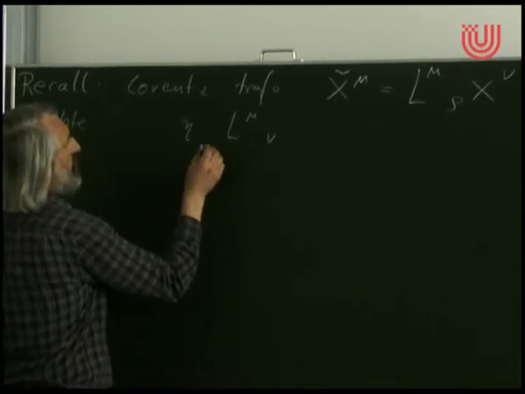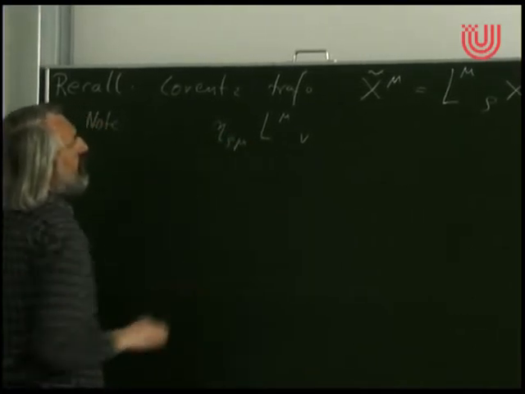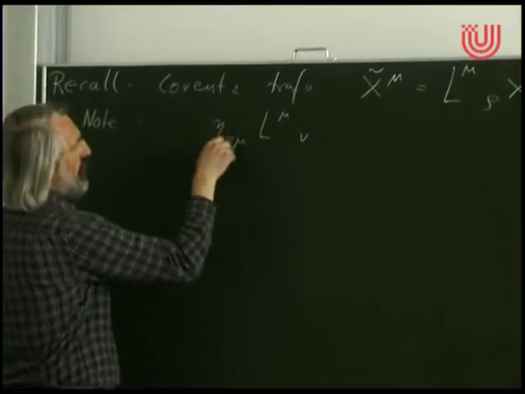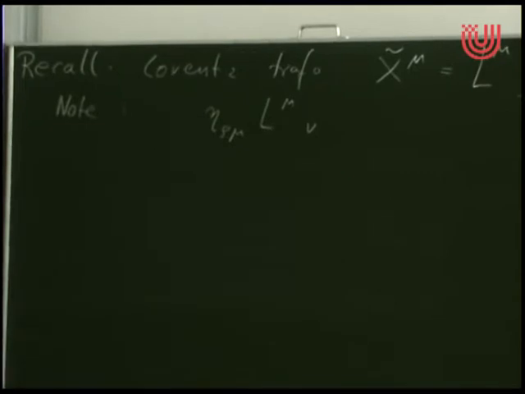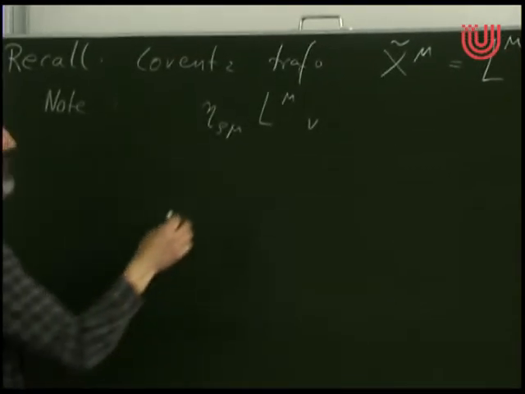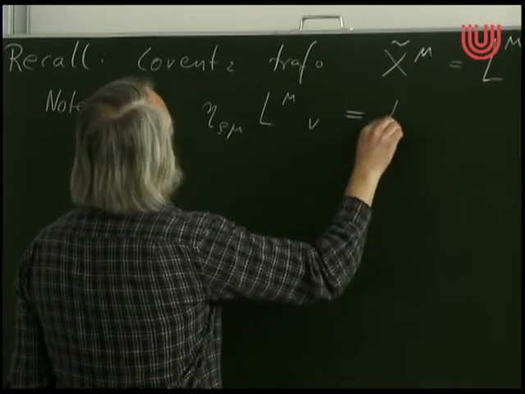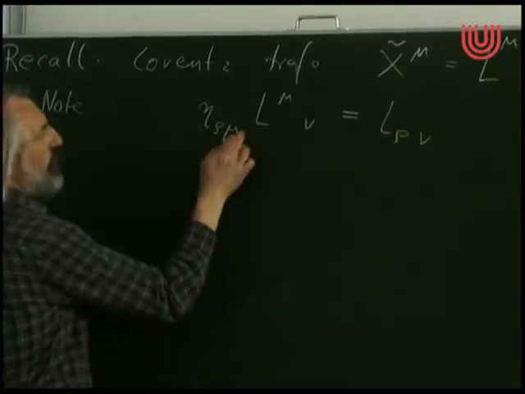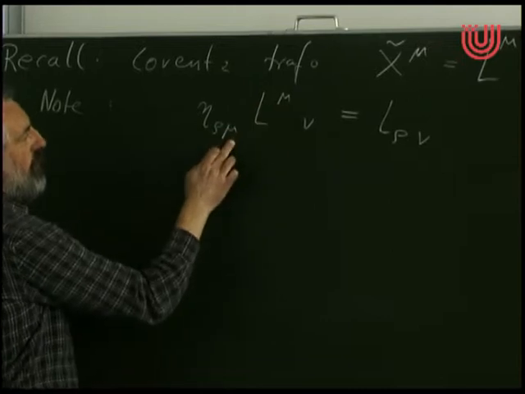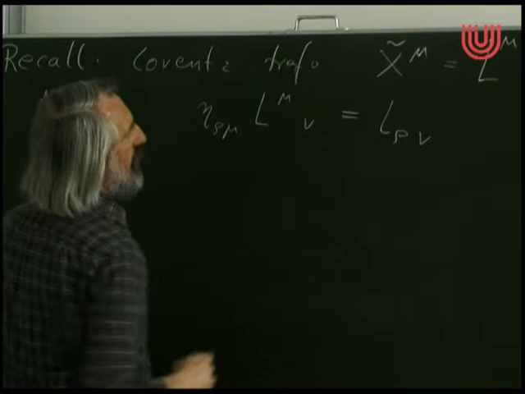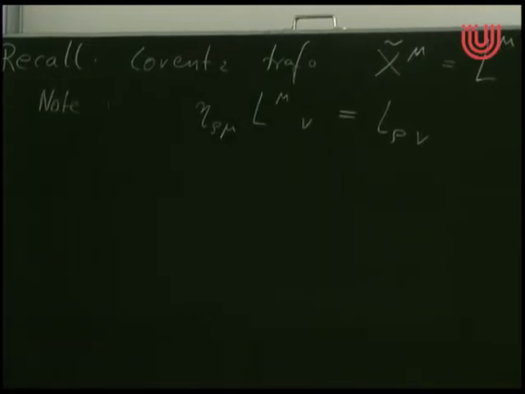We would do this by multiplying this with this eta. So this was this rule which I briefly mentioned already and which we will use later in the course quite frequently, that you raise and lower indices with the help of this eta. So that would be denoted L rho nu. You see the mu is summed away. So the whole thing depends only on the indices rho and nu. So that would be the standard notation for this.